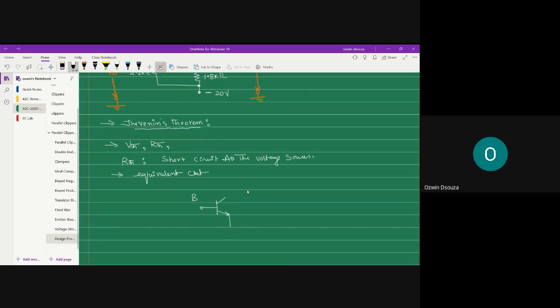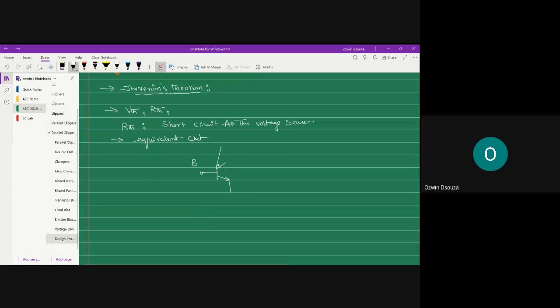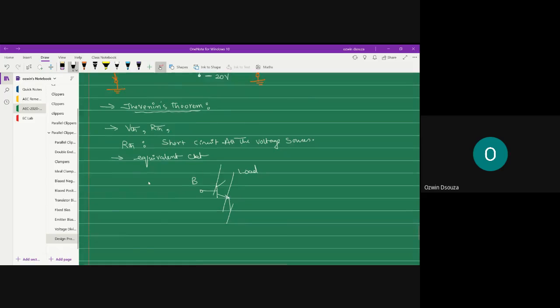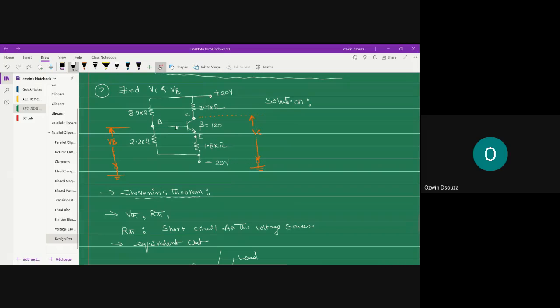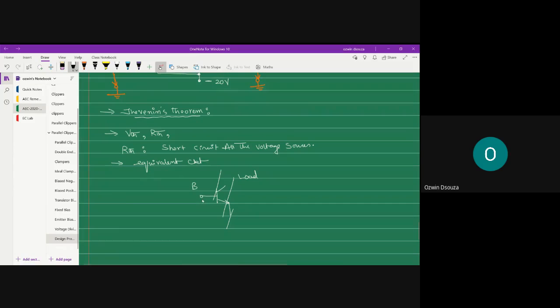The load terminal is anything that resides on the right hand side of the base terminal. So this is my load part. Now on the input side, what I have is the base terminal.